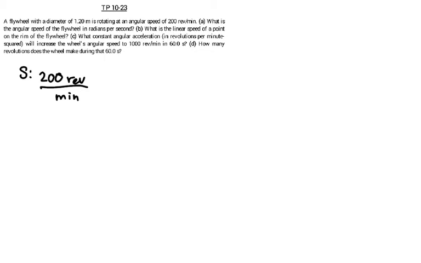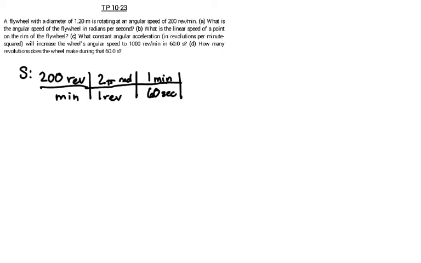And we need to get to radians per second. So we have to convert both the units on the top and the bottom. From chemistry, you should recognize the picket fence. So in one revolution, we have 2 pi radians. And in 1 minute, we have 60 seconds.